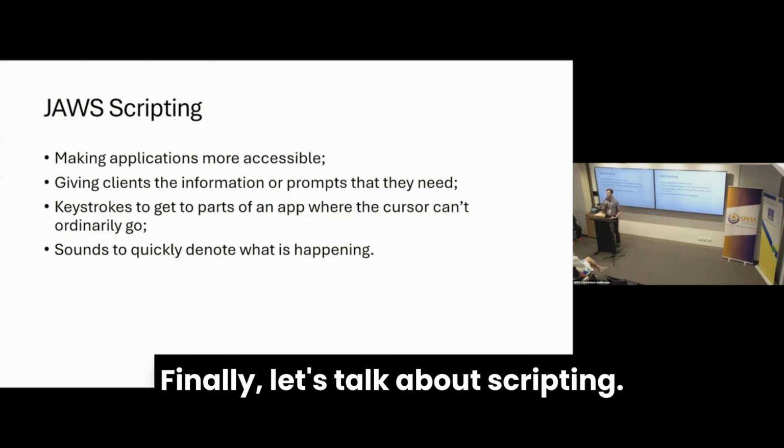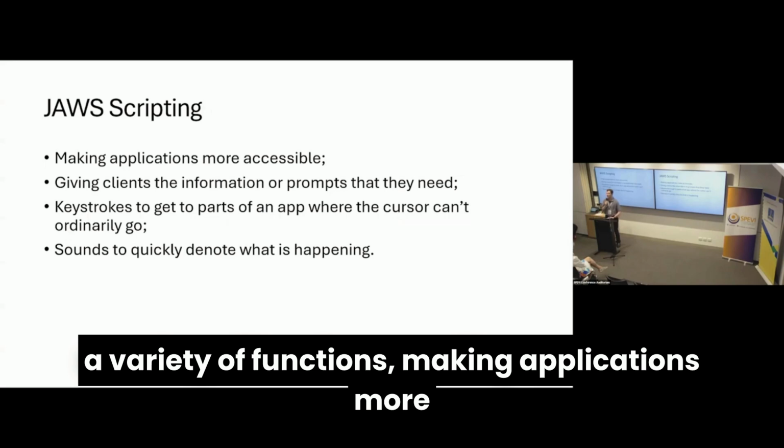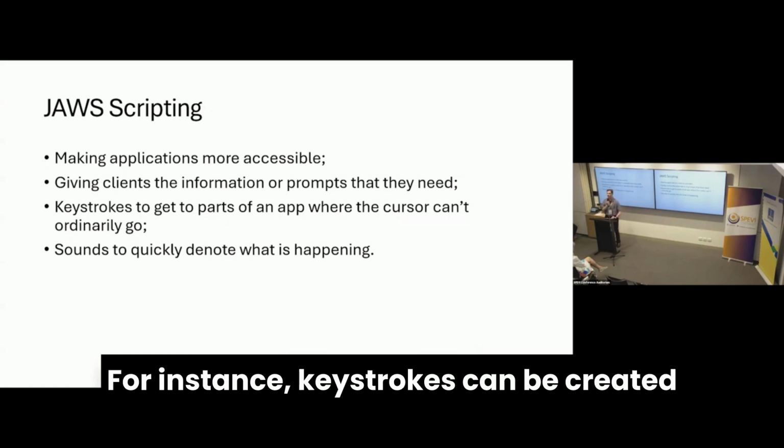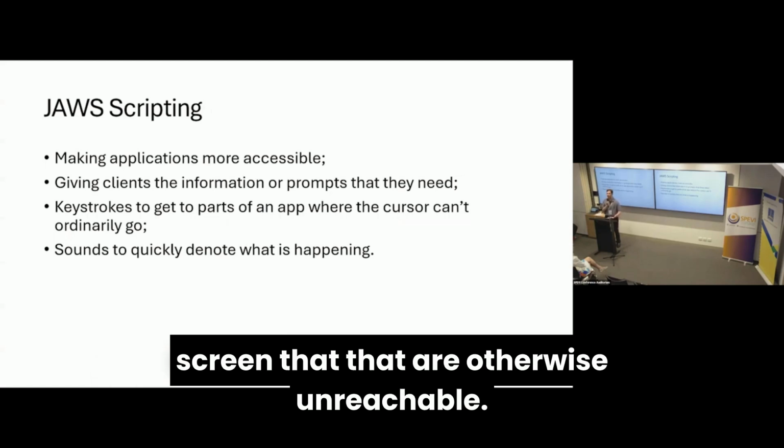Finally, let's talk about scripting. JAWS scripts can be written to automate a variety of functions, making applications more accessible or quicker to use. For instance, keystrokes can be created to navigate to sections of a screen that are otherwise unreachable.